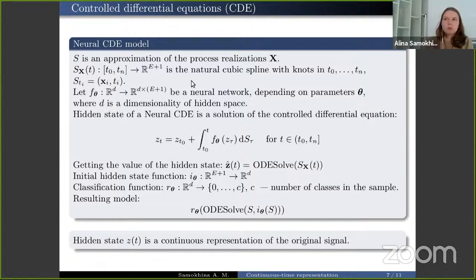Then inside the model, we are solving the control differential equation.